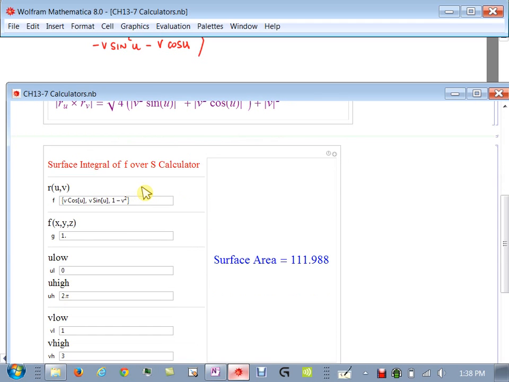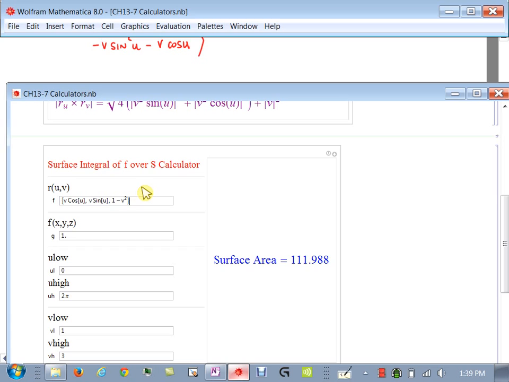You can kind of look at it this way. What was the double integral of 1 over the region D? It was the area of D. What was the triple integral of 1 over the solid E? It was the volume. What's the double integral over S of 1?